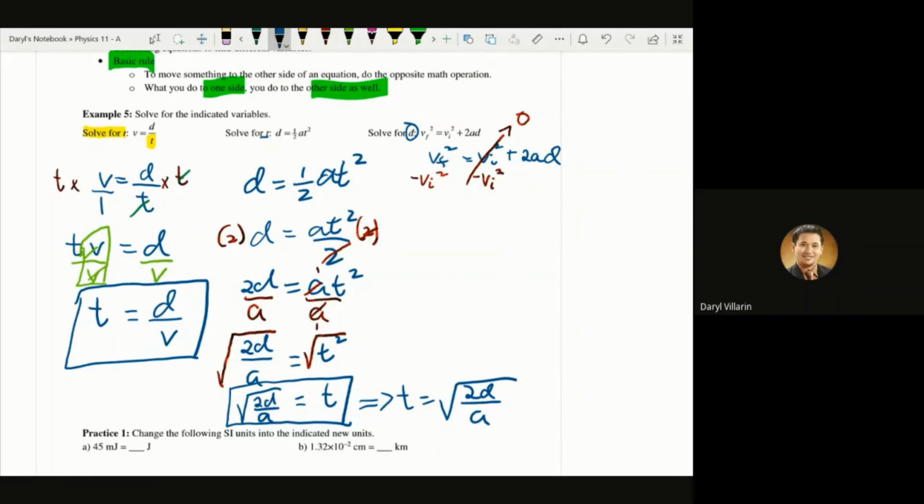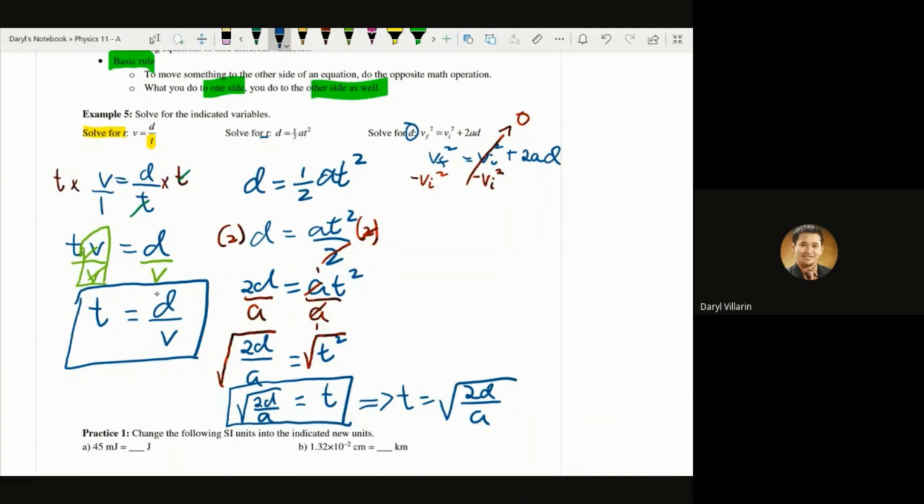So if I'm going to write this one, remember that I cannot subtract the two because they are different variables. This is the same thing as x minus y. X minus y gives you x minus y. You cannot combine the two because they're dissimilar terms. Same thing with this one. Vf is a different variable from Vi.